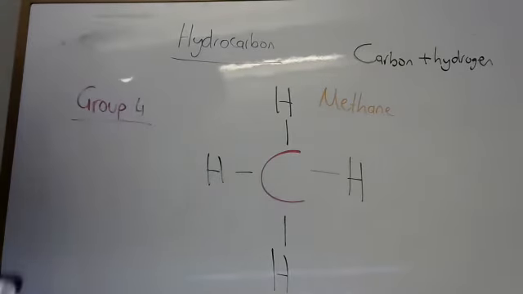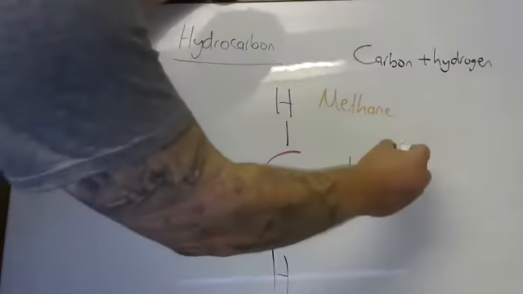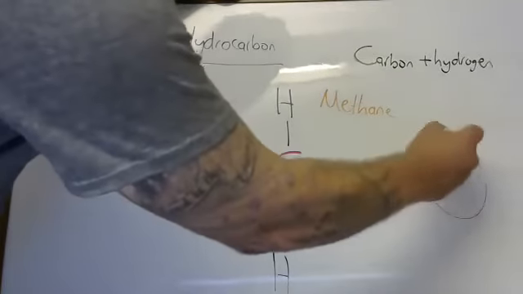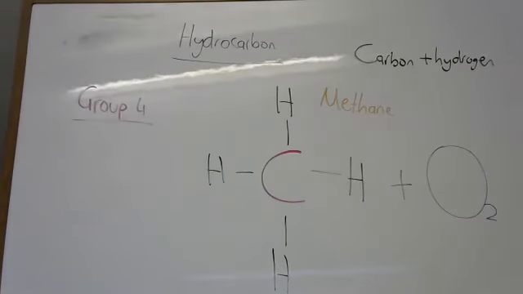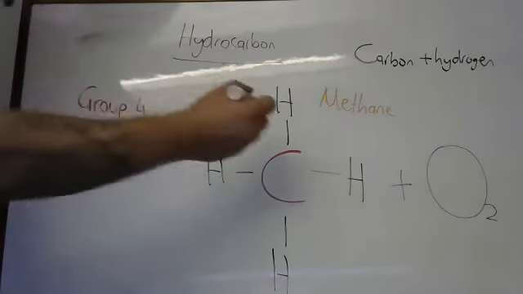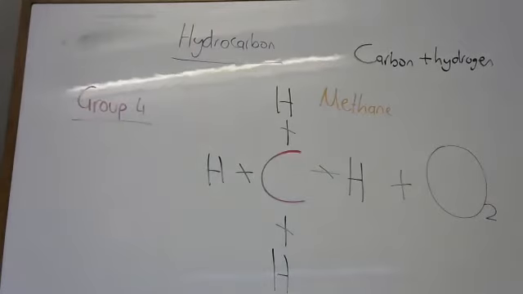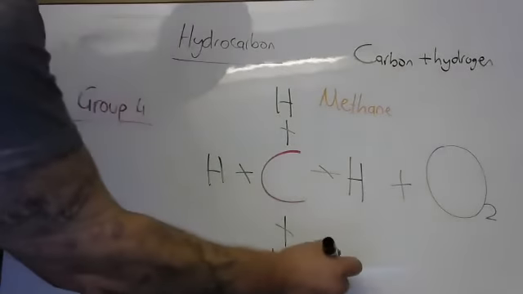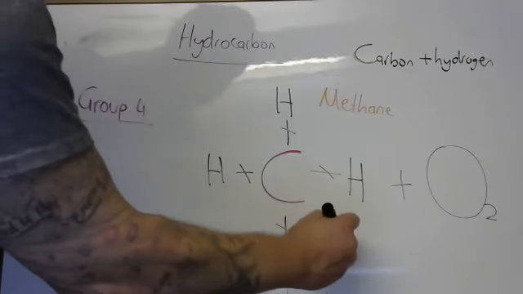So when we're looking at fuel, so when we burn methane in the presence of oxygen, each of these 4 bonds is broken. And we get a release of heat.